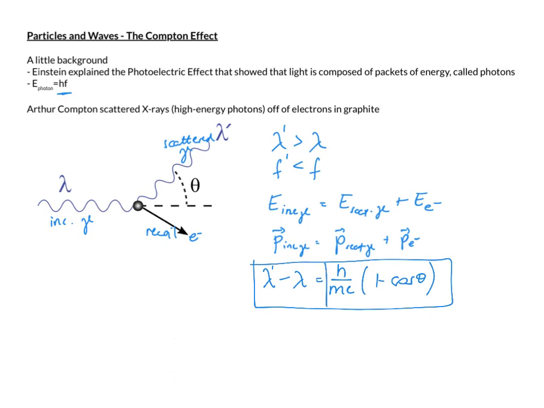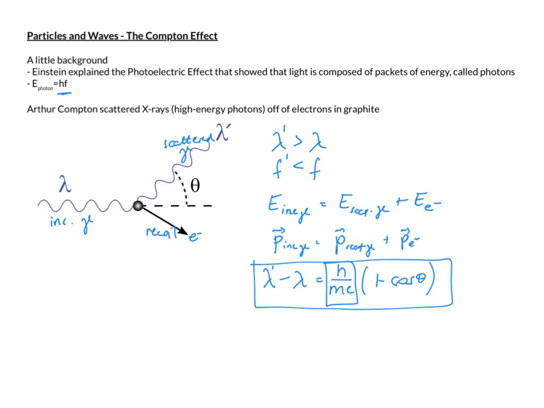And this h over mc is called the Compton wavelength of an electron, because when the X-rays struck the graphite, the electron was the particle that was scattered. So if we plug in the Planck constant, the mass of the electron and the speed of light, we end up with 2.43 times 10 to the negative 12th meters.